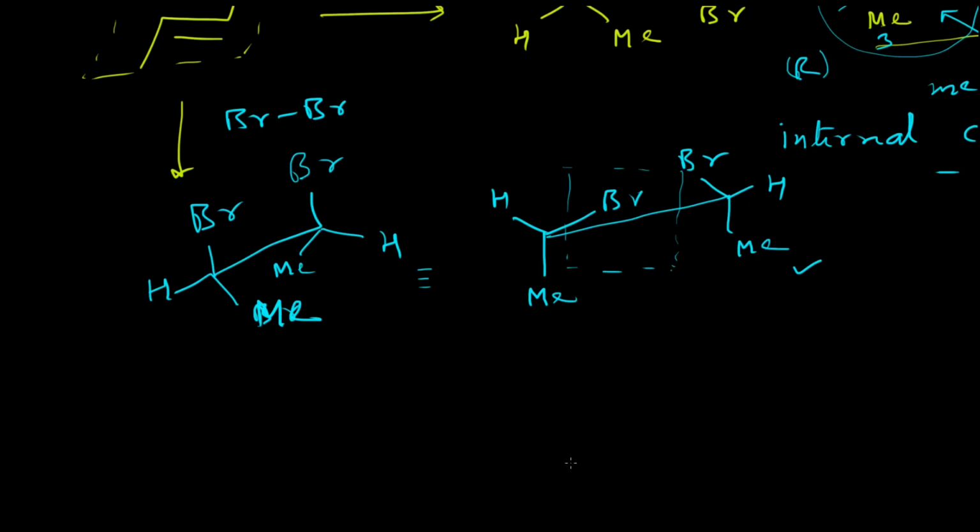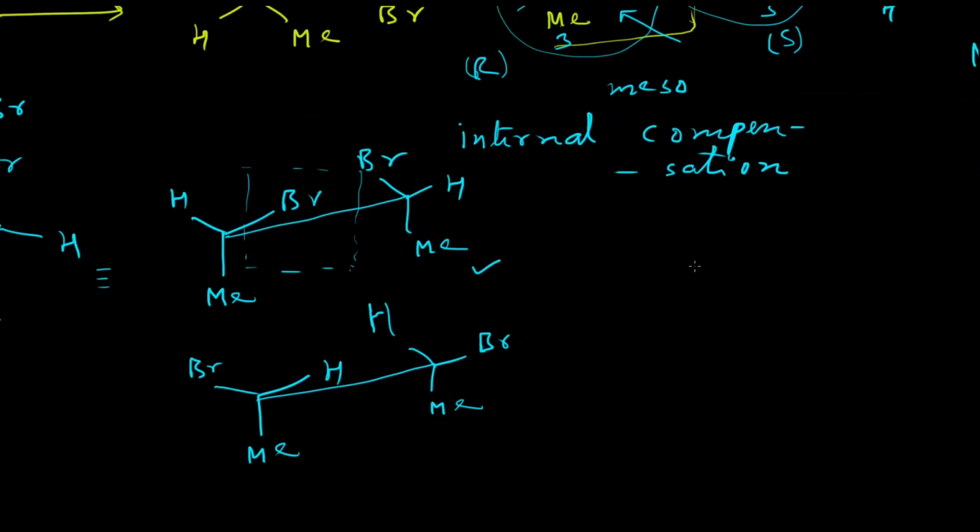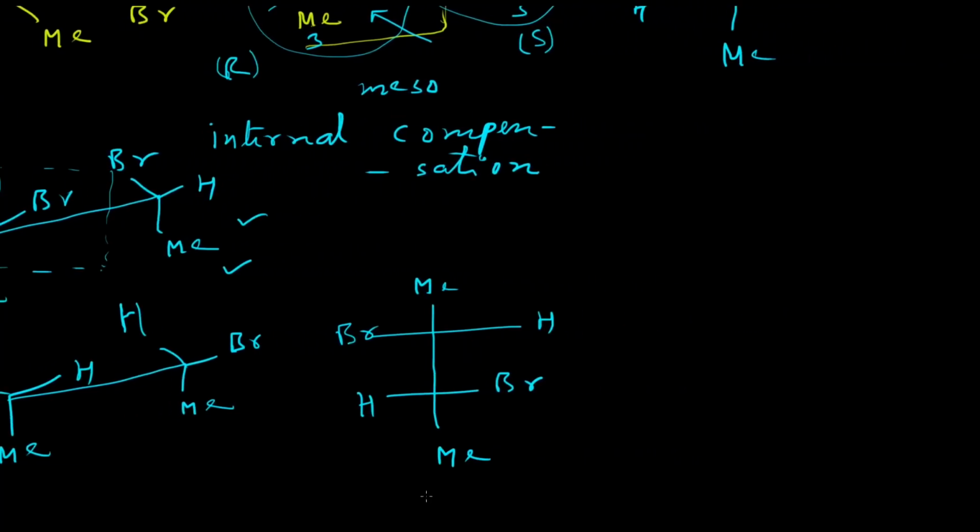Another product will be this one. If we draw the Fischer projection formula of these two compounds, the first one will be like this. And the second compound, which is this one, will look like this.